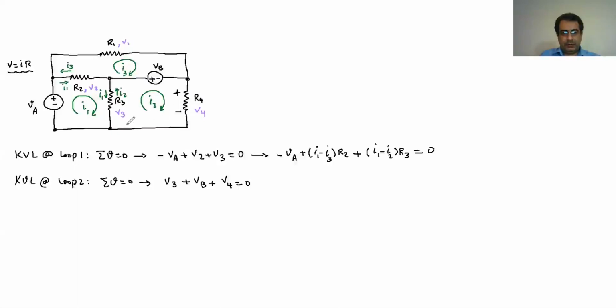So if I go here in R3, this one is positive, this one is negative. Remember, if I go back to I1, I rotate from left to right, so it's going to be positive, negative. Then I go from top to bottom, it's going to be positive, negative. So the positive and negative signs, if I'm in loop 1, are completely opposite of those in loop 2. Just remember that.